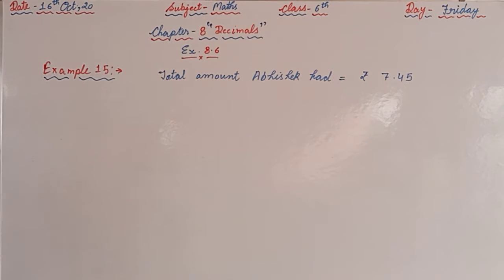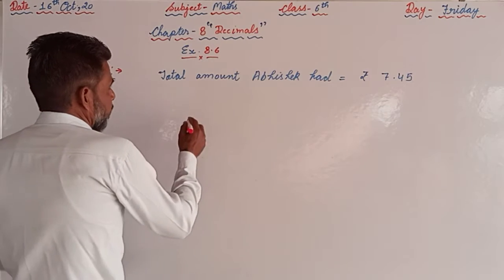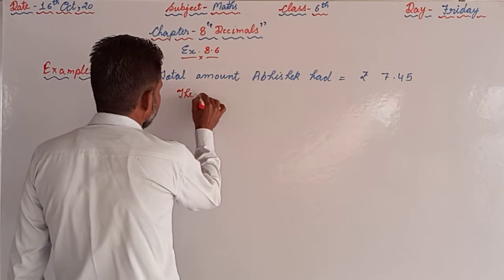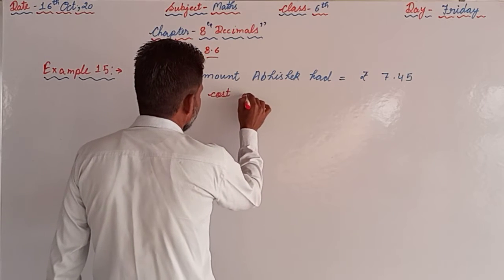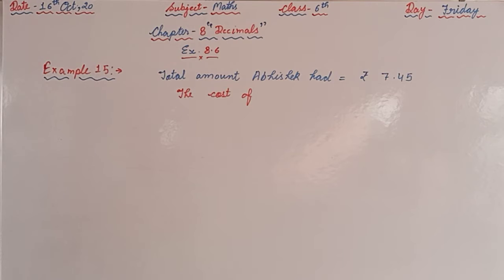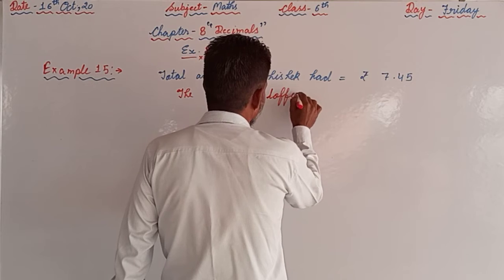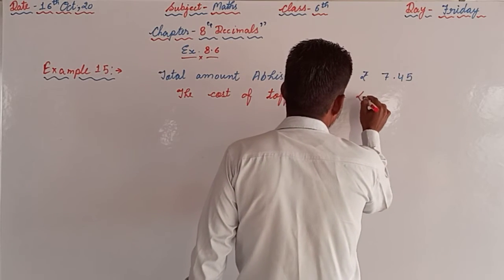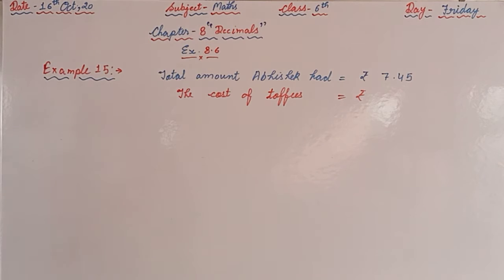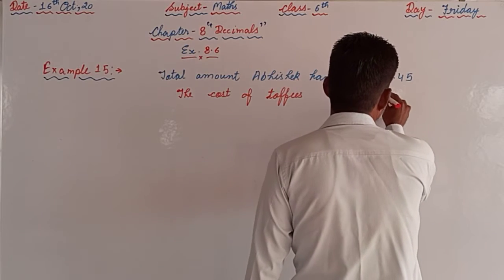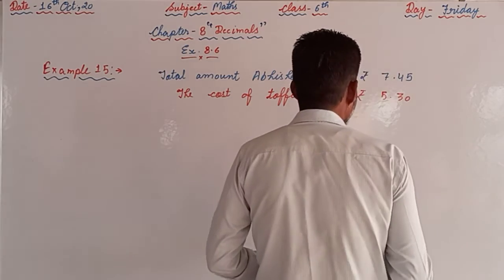So out of this amount he bought toffees for rupees 5 and 30 paise. 5 rupees and 30 paise he spent on the toffees.